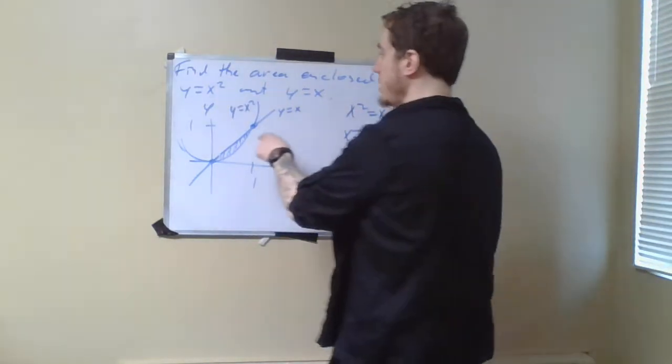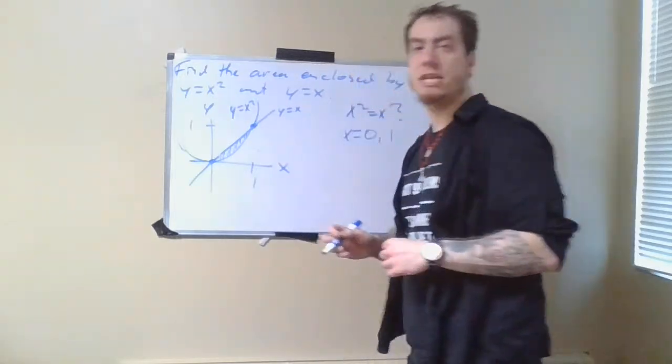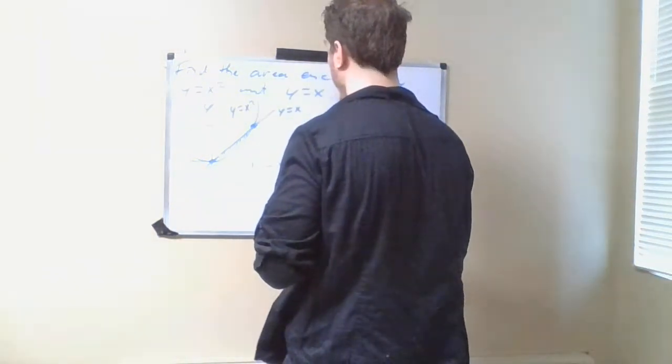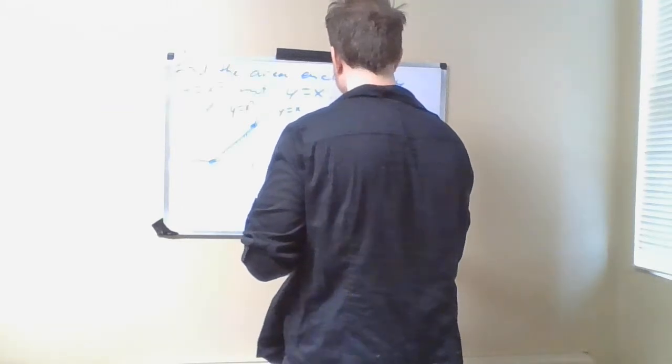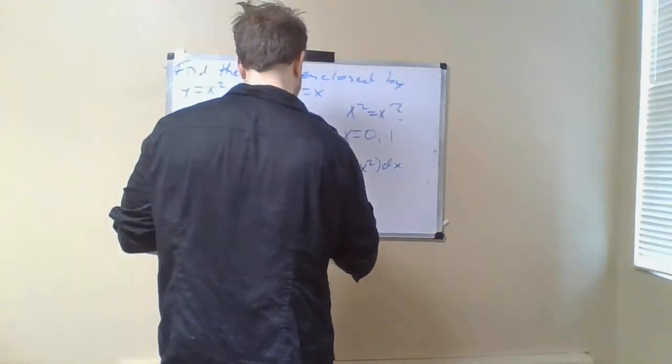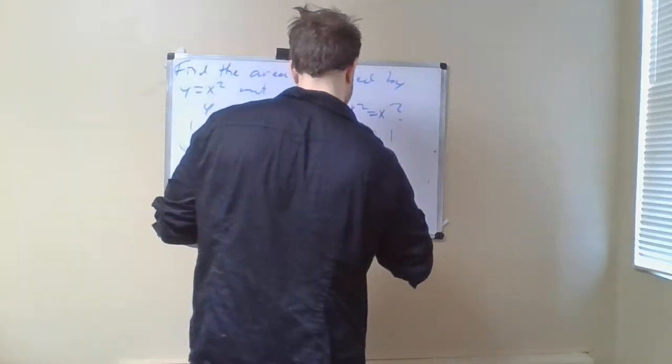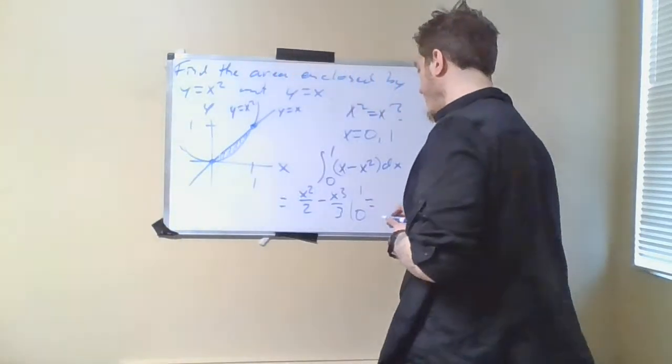And on this region, y equals x is actually the top function. So we want to do the integral from 0 up to 1 of x minus x squared dx. Now, that is going to be x squared over 2 minus x cubed over 3 evaluated from 0 to 1.